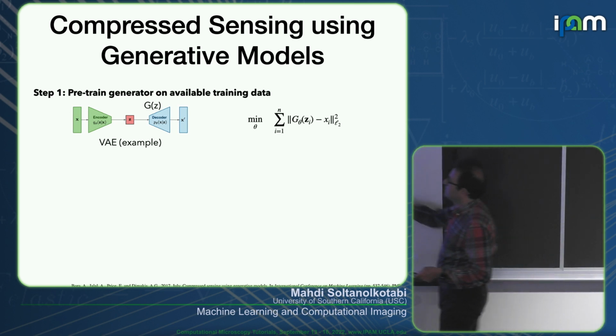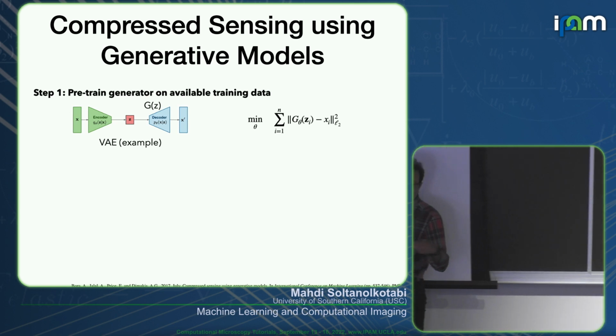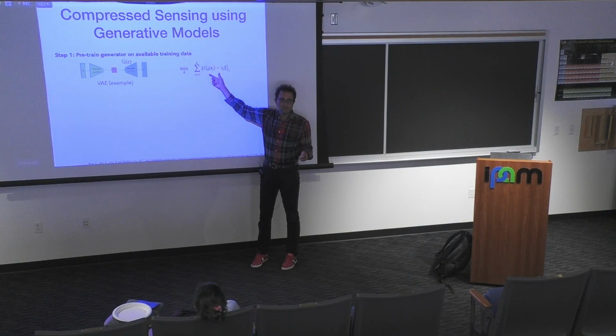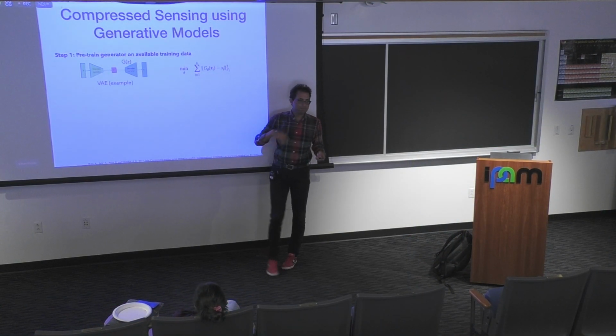Using a loss like this, where the z_i are different Gaussian inputs, you try to find a parameter that learns the empirical distribution of your data at least. So these are your input data.